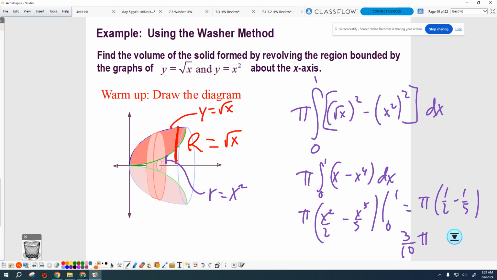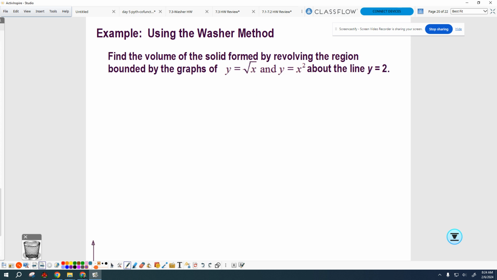And the radiuses will start to get complicated. Because if I made this spin around y equals 3 or something. Oh, here we go.